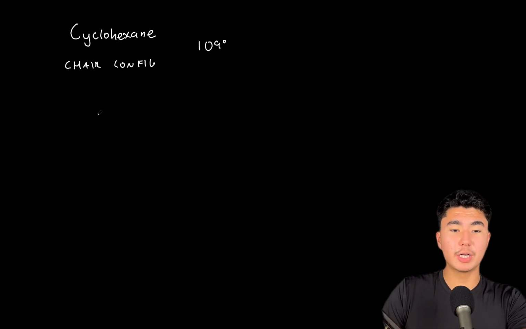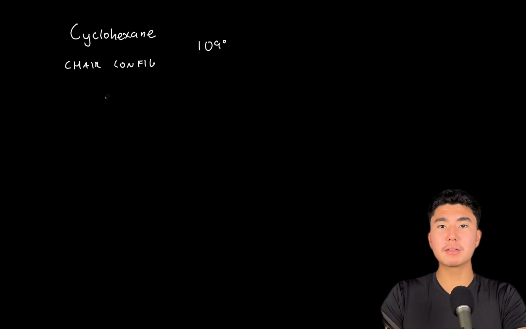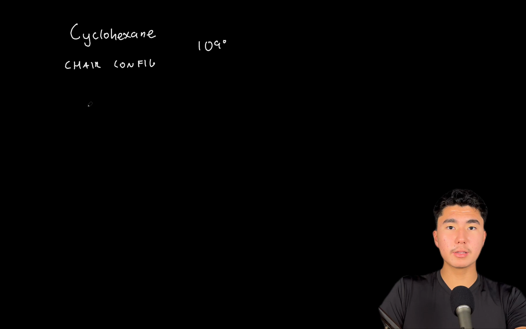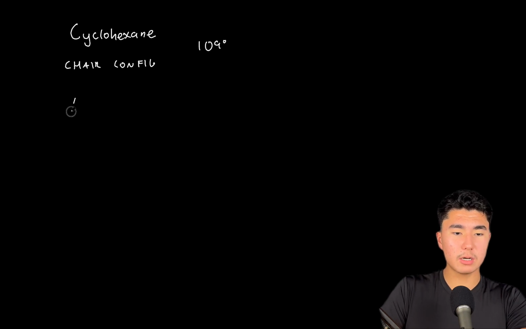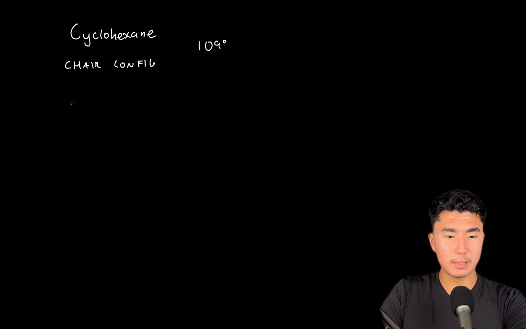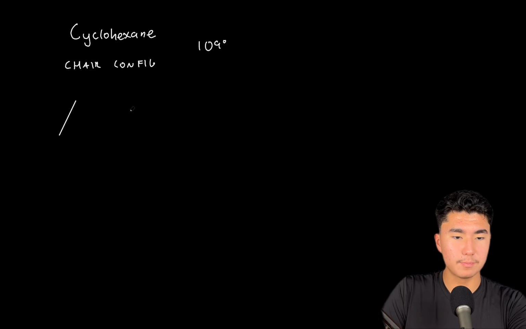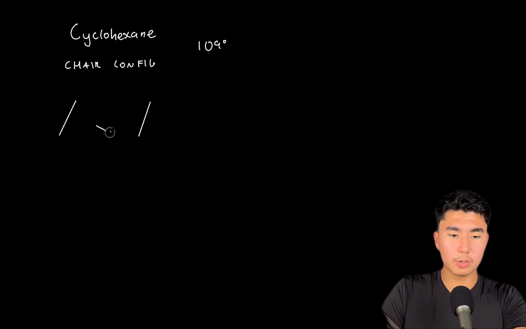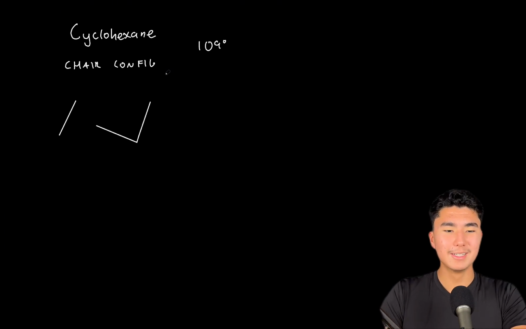Drawing a chair configuration can be challenging at first, but with practice, you'll get it easily. One way that I've learned to draw it is, first, draw two parallel lines over here. Now, starting from the farthest line, I'll create this long angled line. Sometimes I mess up since I'm still learning to draw it correctly.